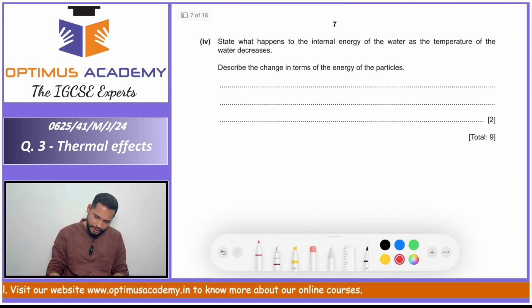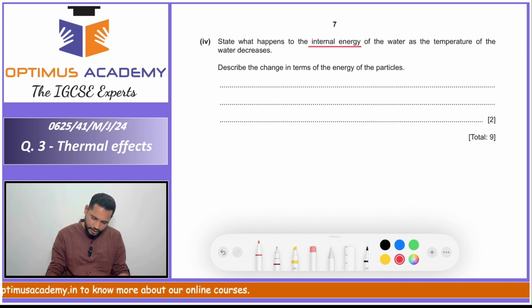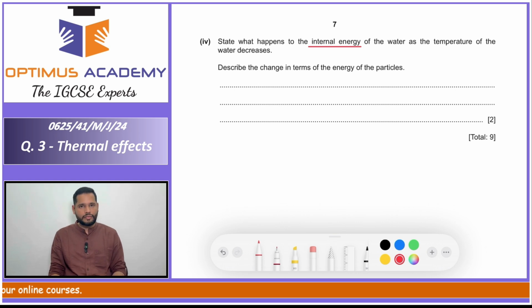State what happens to the internal energy of the water as the temperature of the water decreases. Describe the change in terms of energy of the particles. Now first thing we need to know, what is internal energy? The internal energy is the sum of potential energy and the kinetic energy of the particles. As we saw, water is losing its heat energy to the ice, so the water is going to cool down, and as it cools down the internal energy of the water will also decrease.